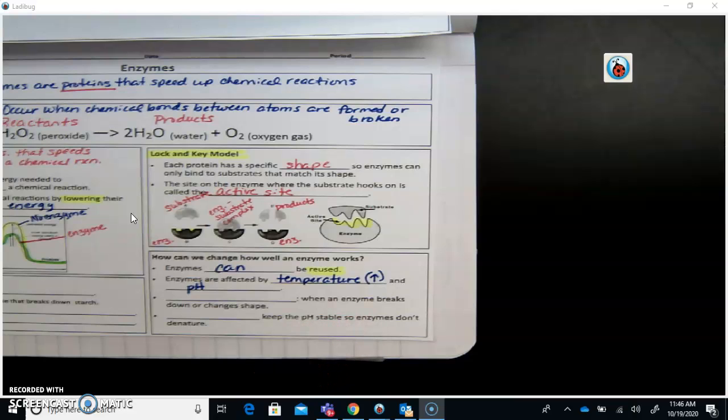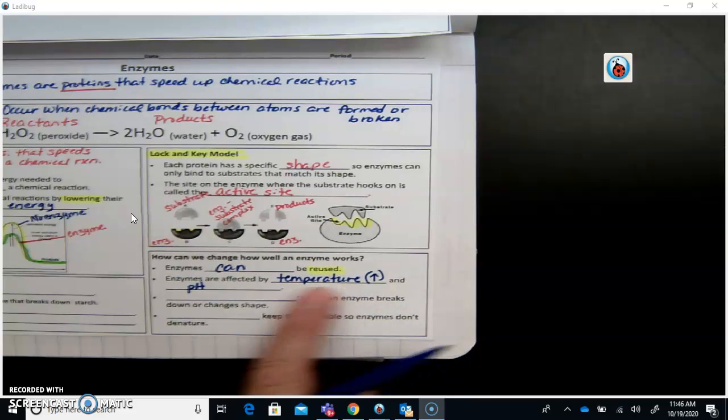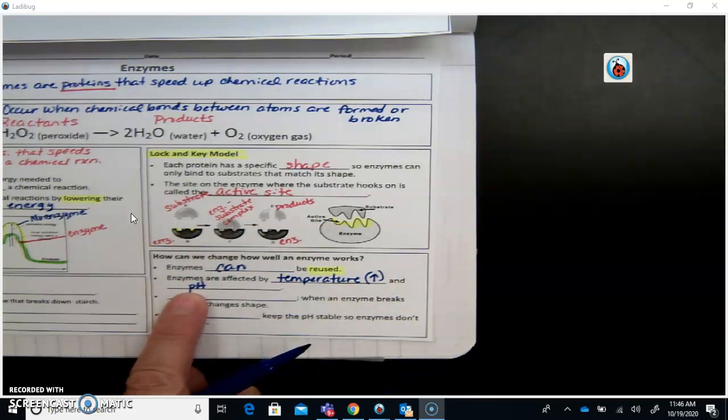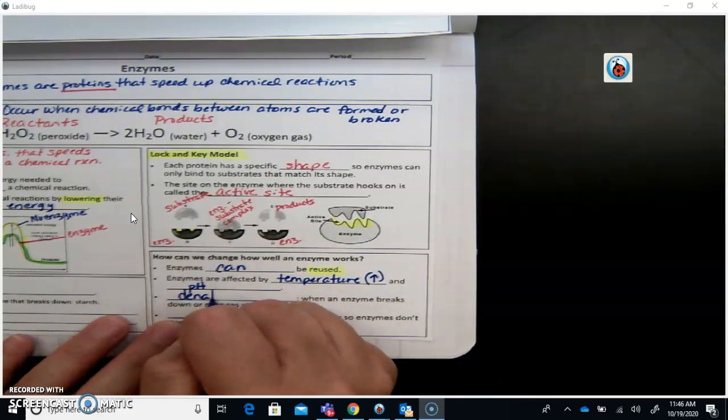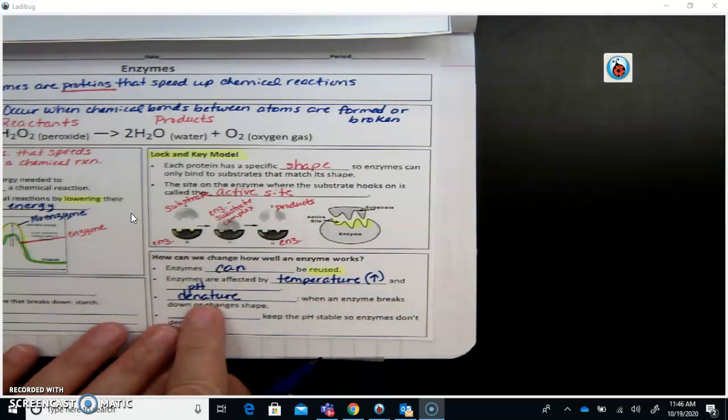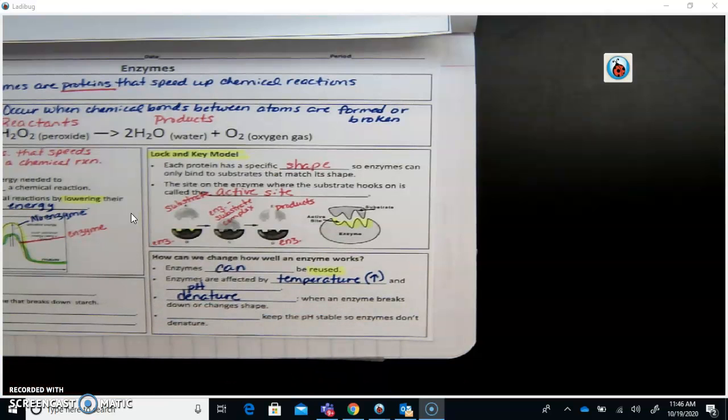Again, it's been damaged in some way, usually because of high temperatures or extreme pHs, strong acids and strong bases. That word is denature. When an enzyme breaks down or changes shape, that's not going to be good. That means that the chemical reaction cannot take place.